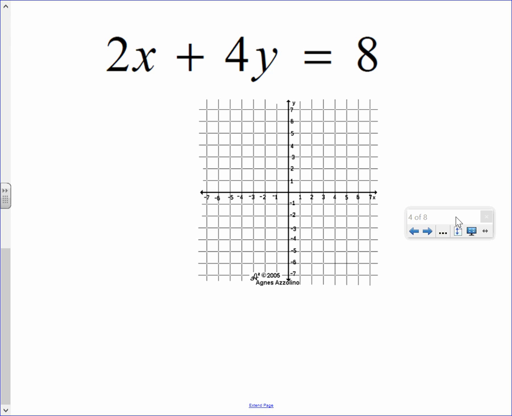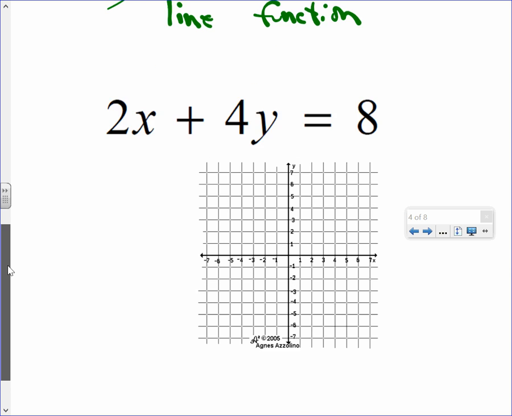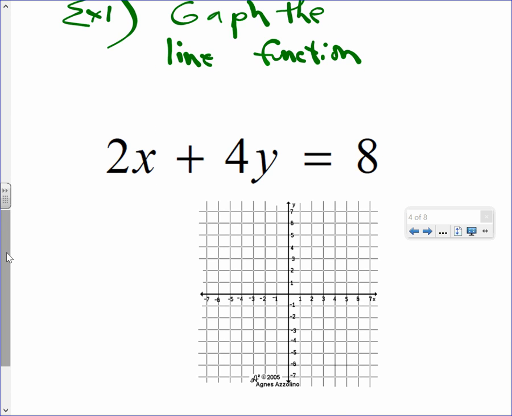Again, you don't have to put the numbers. I know where the numbers are at. You know where the numbers are at. Just give me a nice x and y axis, about 7 all the way around. Let's graph the linear function with our knowledge of x and y intercepts. In other words, based on what we just defined what an x and y intercept is. I'm going to do 2 quick examples and we're done.